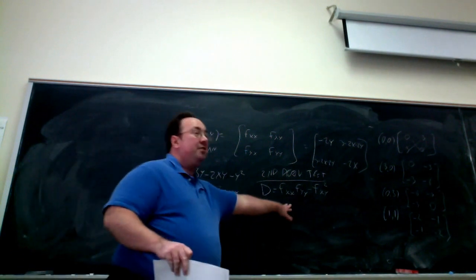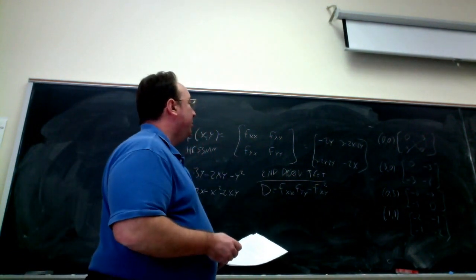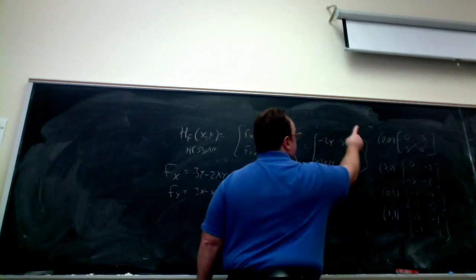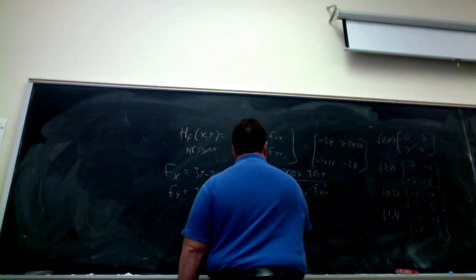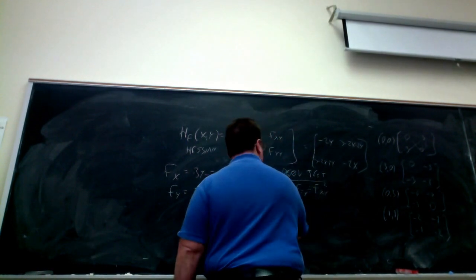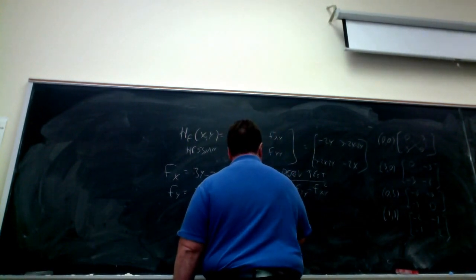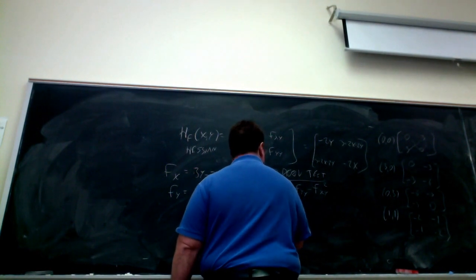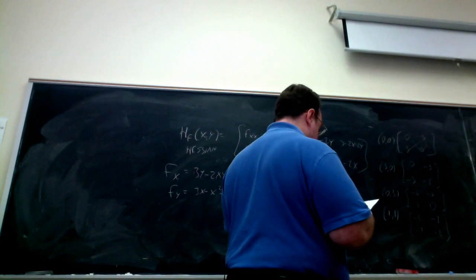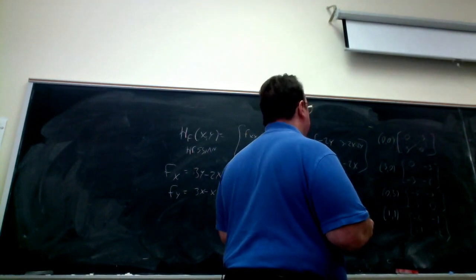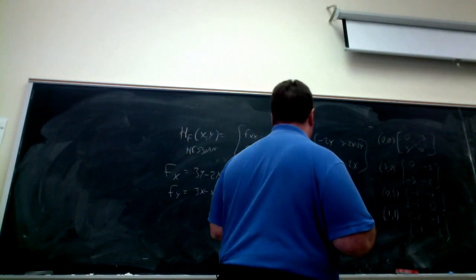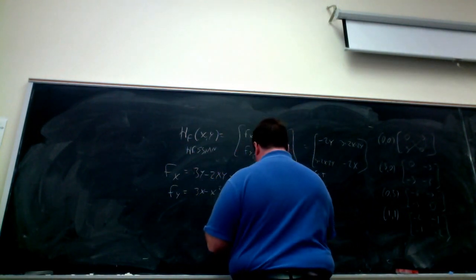Or you can just remember this. So in the case of (0, 0), we get minus 9. For (3, 0), we get minus 9. For (0, 3), we get minus 9.